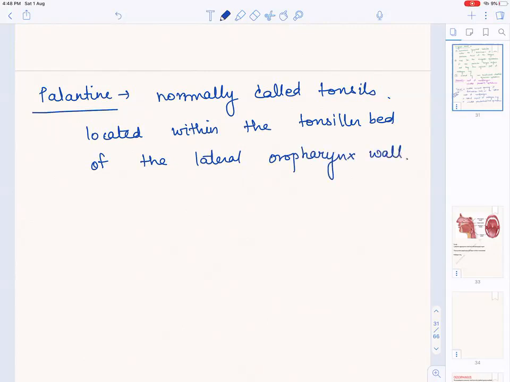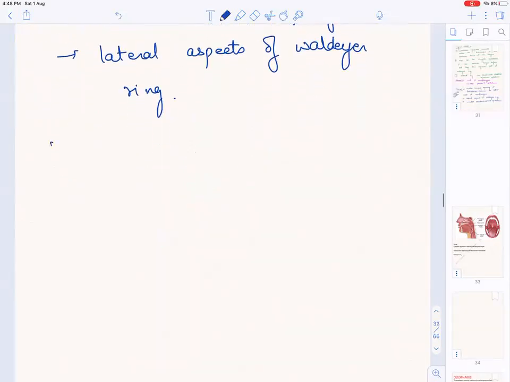You saw the structure I drew, palatine tonsils like this and this. Remember, there was the tongue and there was the uvula, and then here I drew the palatine tonsils. Those were the palatine tonsils. And they are also the lateral aspects of Waldeyer's ring.